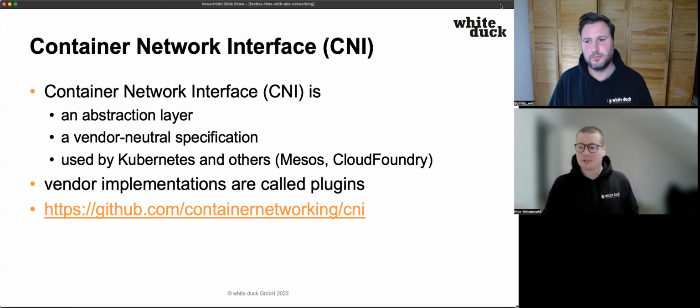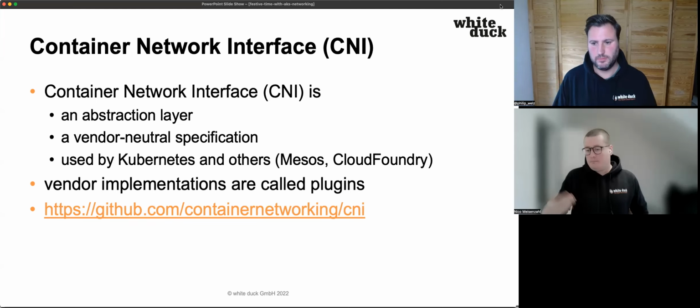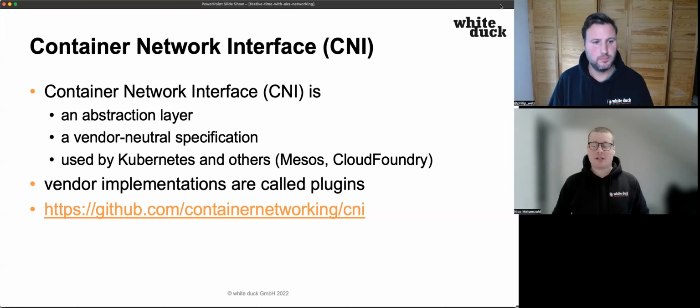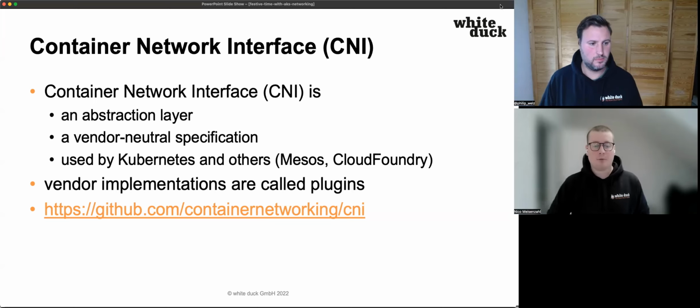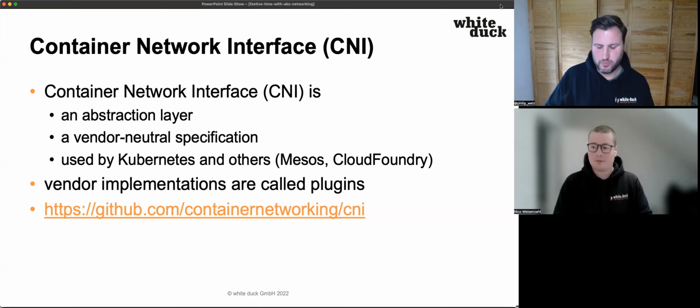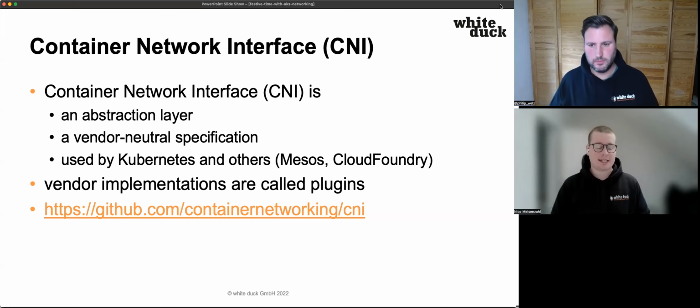Basically, this is an abstraction layer, an API interface which allows you to inject any kind of networking solution as a so-called plugin into your existing Kubernetes cluster. So basically, it's really an abstraction layer. It's vendor neutral, which means you have multiple implementations, open source implementations, third-party applications, and so on, which can then be integrated to help you with networking your Kubernetes cluster.